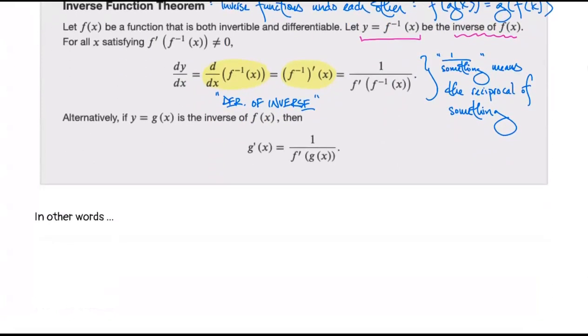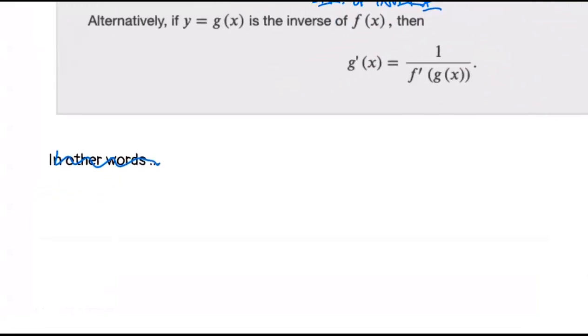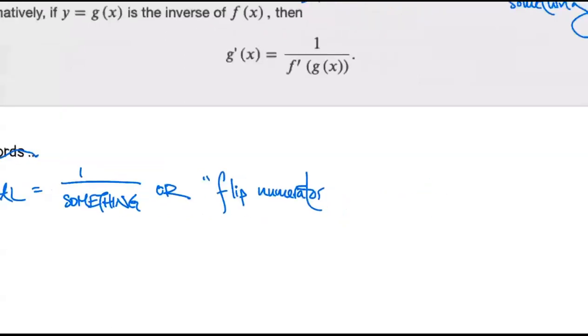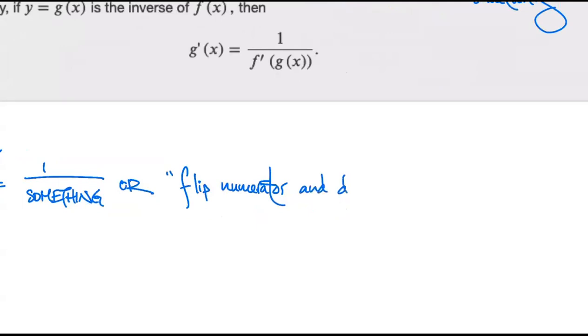But maybe before we get to here, reciprocal means 1 over something, or you flip numerator and denominator.